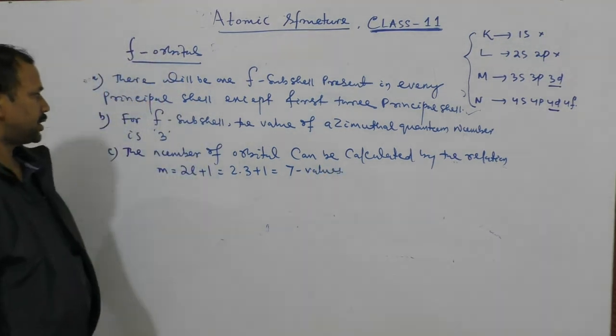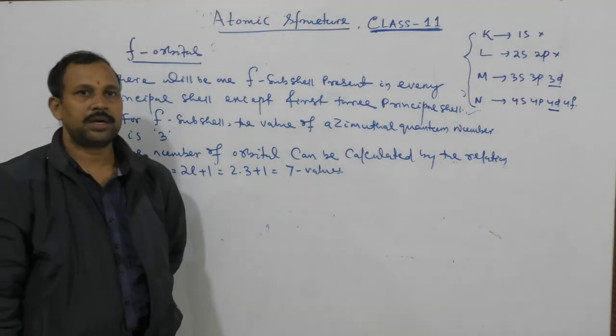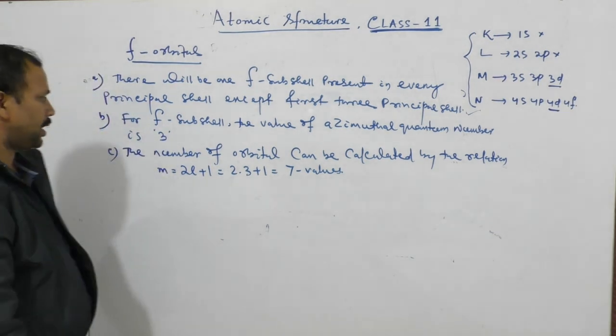Now it suggests the f subcell contains 7 orbitals.